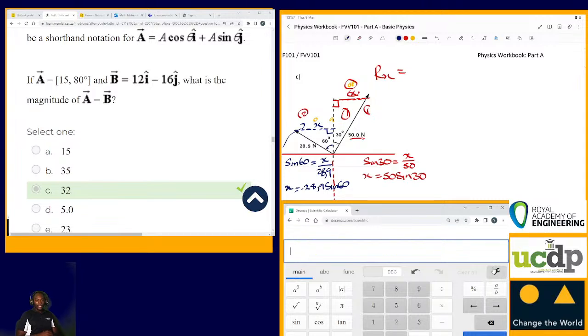Alright, I see you have a follow-up question there. You are saying the angle in the second quadrant, is it not supposed to be 180 minus 60? So we are already given the angle in the second quadrant.